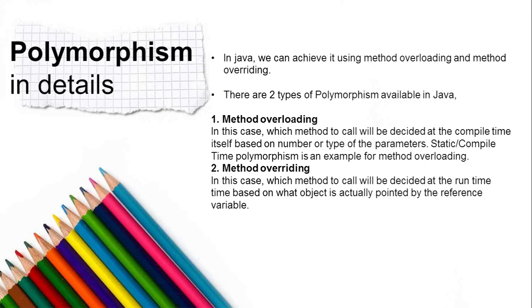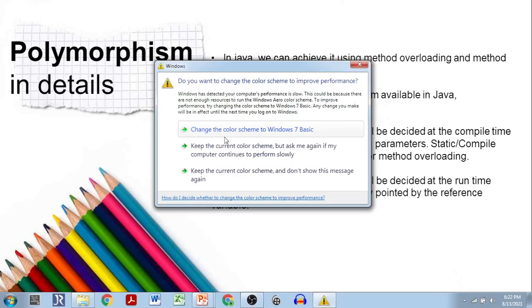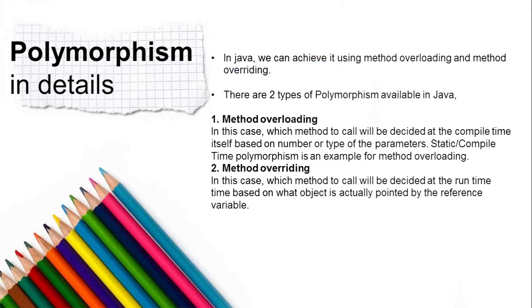Another type of polymorphism is method overriding. In method overriding, the two method signatures are exactly the same. But these two methods are defined in two different classes, and these two classes are connected by inheritance. I repeat, there are two methods with the exact same name and signature.